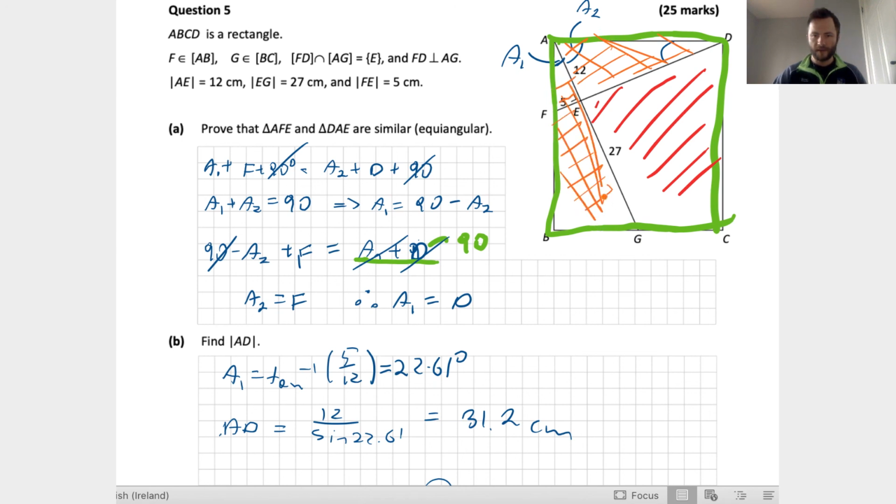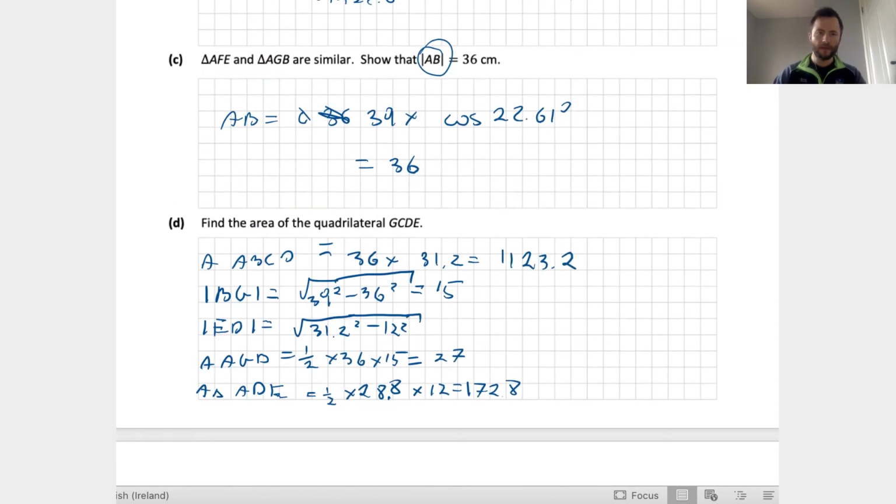By subtraction, I'm going to find the area of the required quadrilateral, so that area will be equal to 1123.2 minus 172.8 and minus 270, and that gives me a total area of 680.4 units.